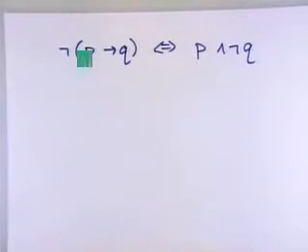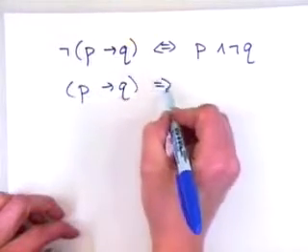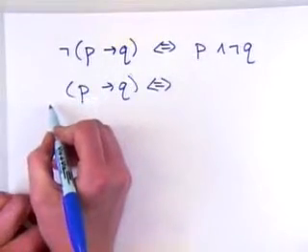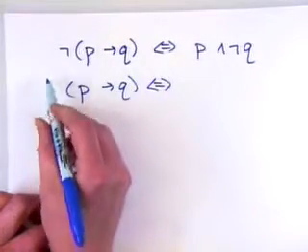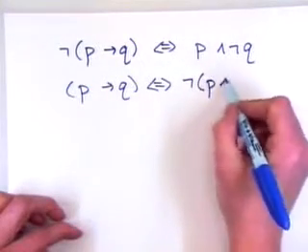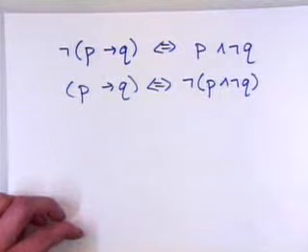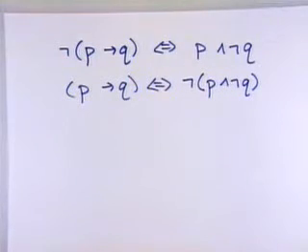So we did that at the beginning. So if we negate both sides of this, we can get P implies Q. I did a double negation and skipped writing that down. So if I negate both sides, I get P implies Q is logically equivalent to not the quantity P and not Q. Okay, so the reason for that was negating both sides.